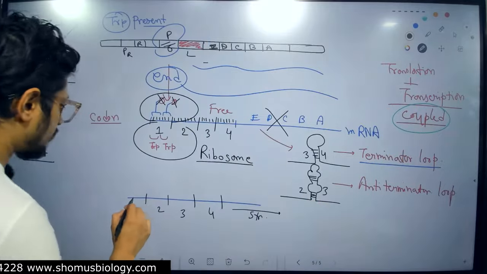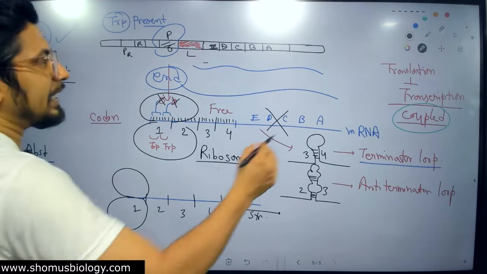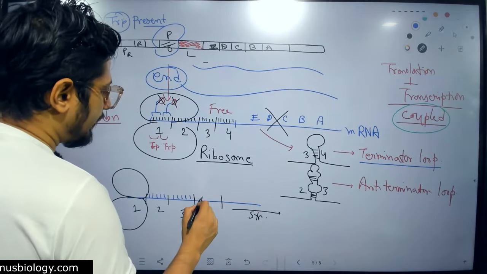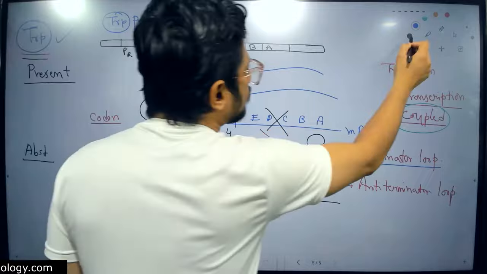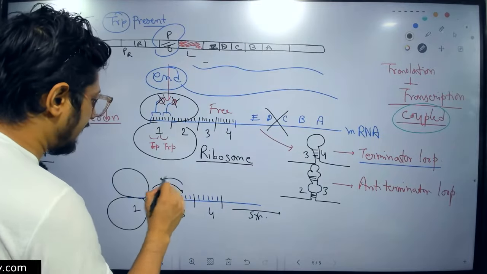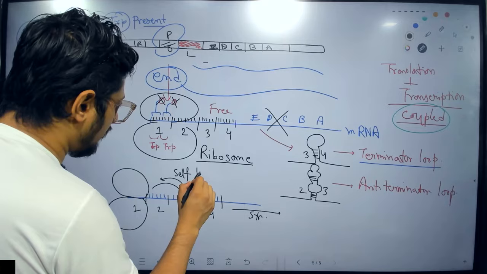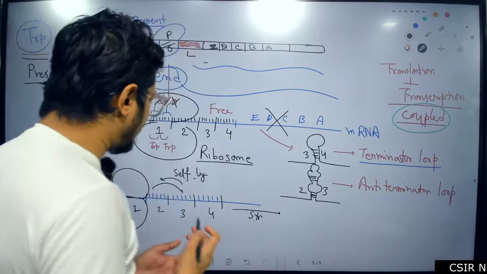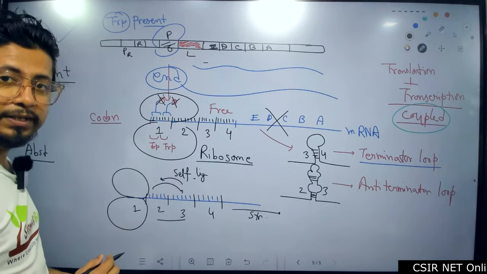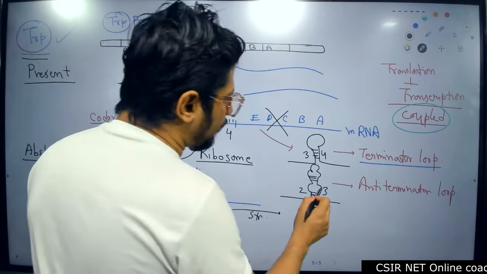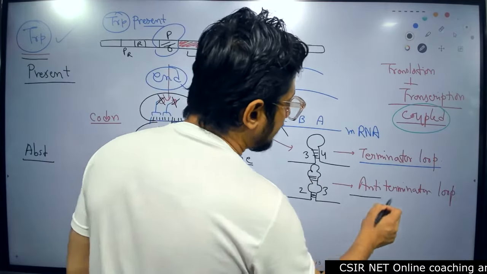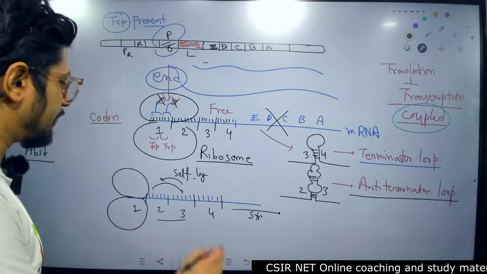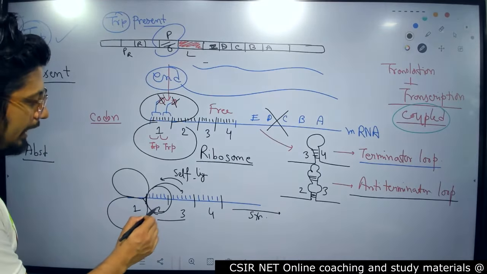Again remember, the ribosome is sitting on sequence 1, that makes sequences 2 and 3 free. 2, 3 and 4, all of them are free, but sequence 2 and 3 are going to self-anneal, not ligate, we say self-anneal, and as a result of self-annealing between 2 and 3, these two leader sequences form this sort of loop known as the anti-terminator loop. So the anti-terminator loop is actually formed between leader sequence 2 and leader sequence 3.